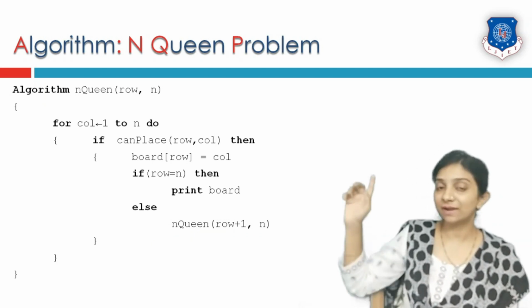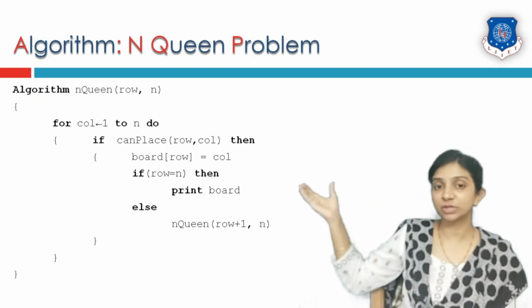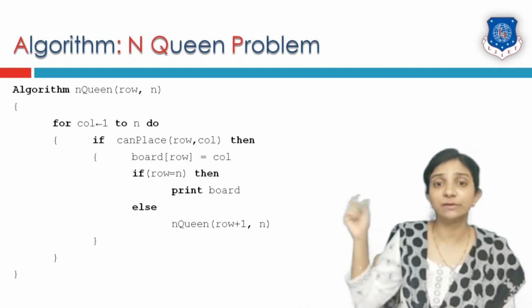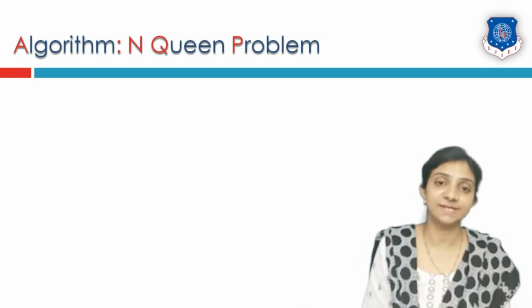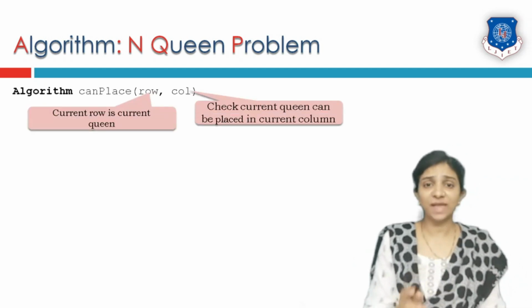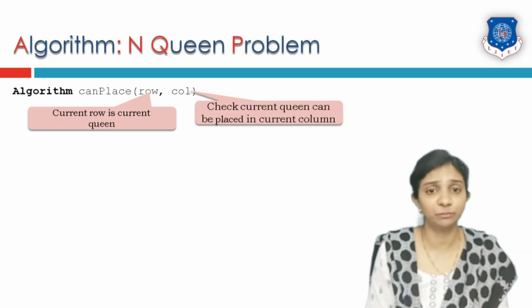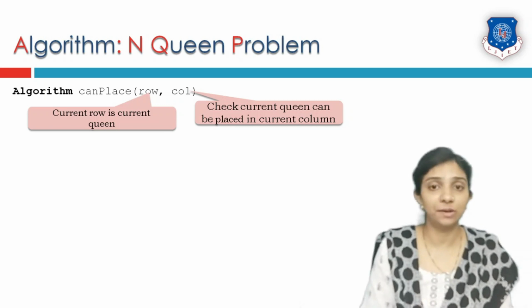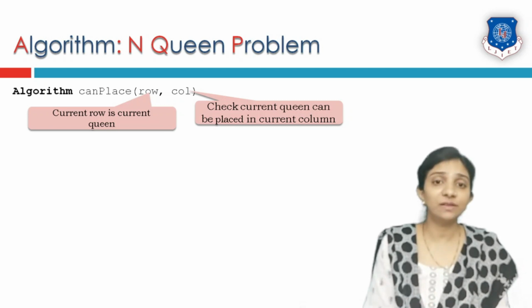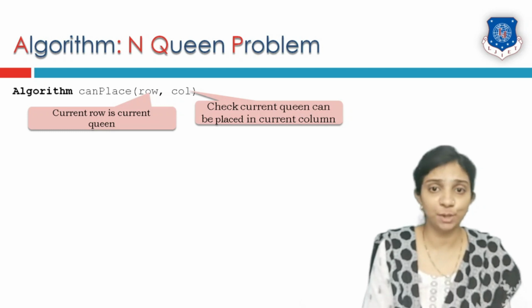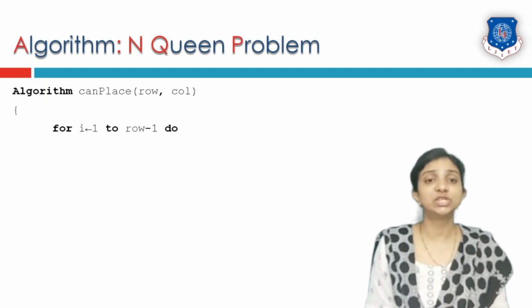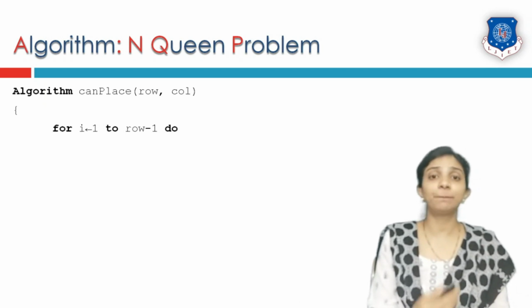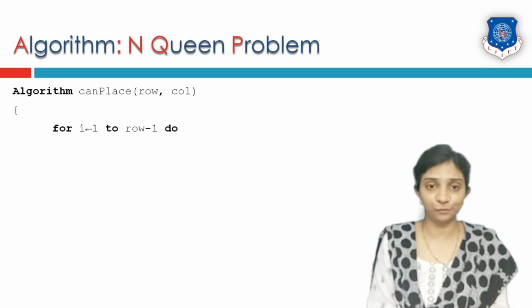The next queen will be row plus 1 over the n cross n board. Now have a look at the can place algorithm, which we are calling here, which returns true or false based on whether the queen will be in attack or not. The can place algorithm takes two inputs, row and column number. Row number is actually the current queen number also. For the current queen, we have to check those queens which are present in our previous rows.